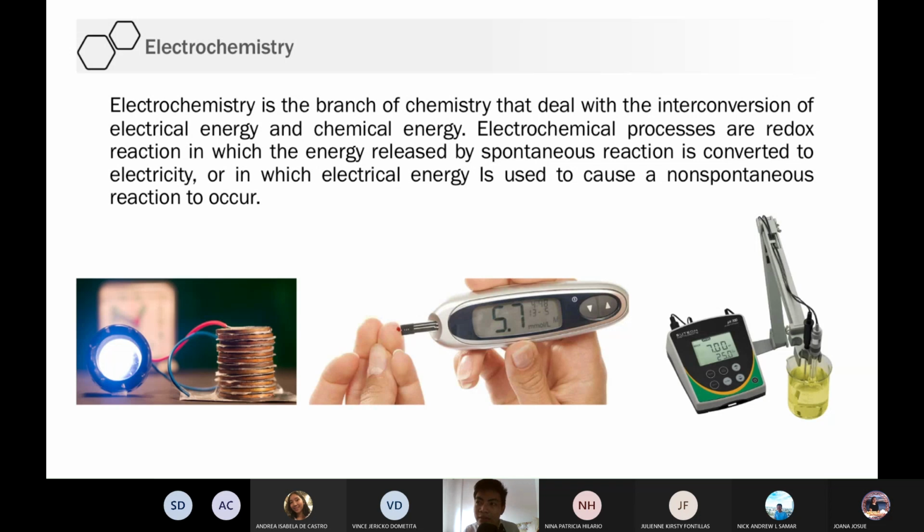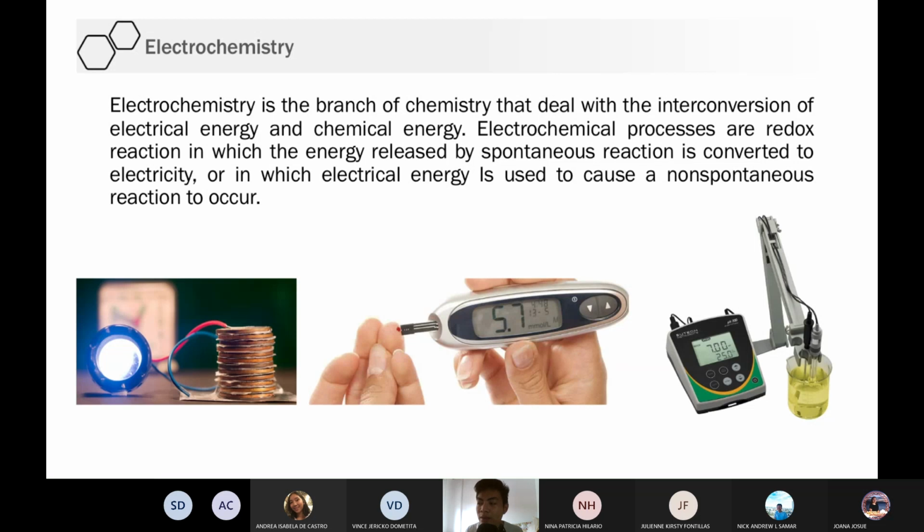So either sila ay solar energy, nuclear energy, which is wala tayo sa Pilipinas. We have the coal energy. So doon sila nanggaling. So basically all our electricity supply ay galing sa other sources. Galing sa tubig, galing sa coal na sinusunog.